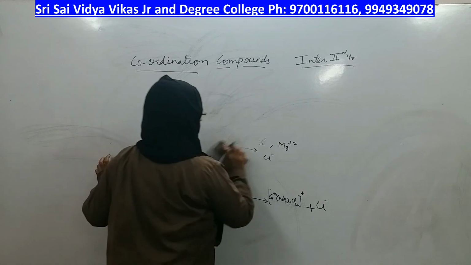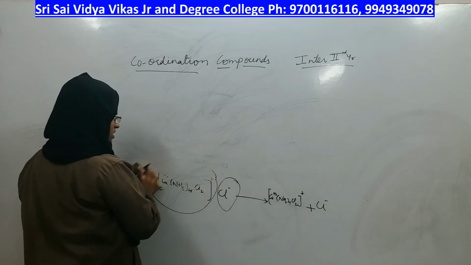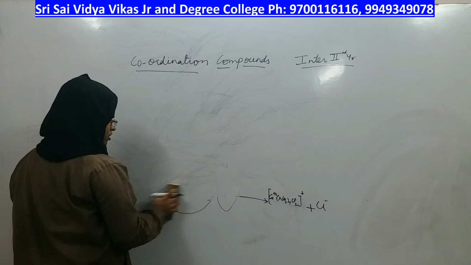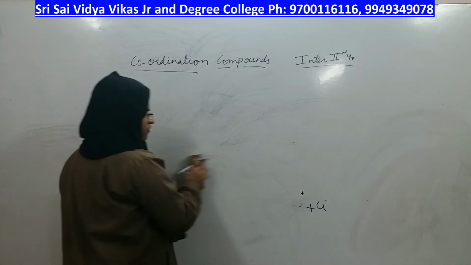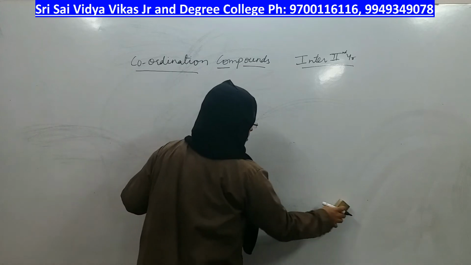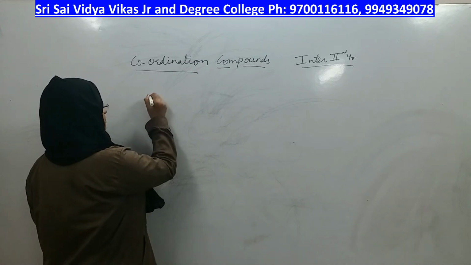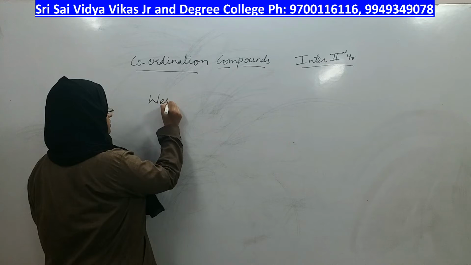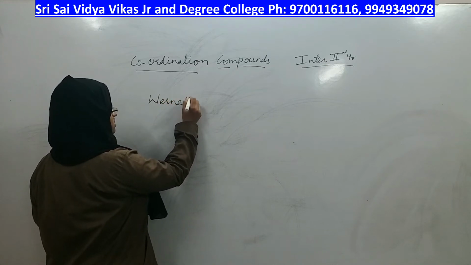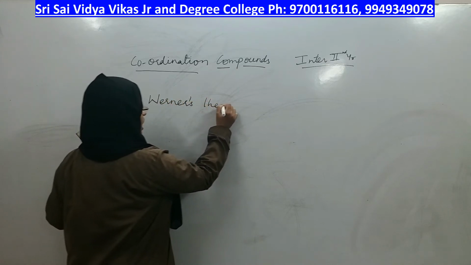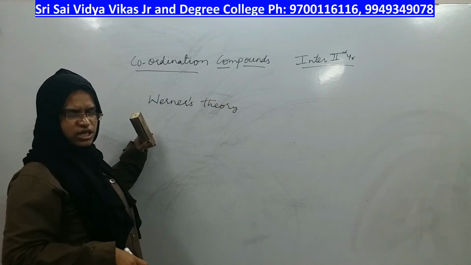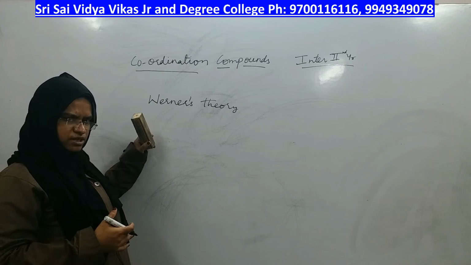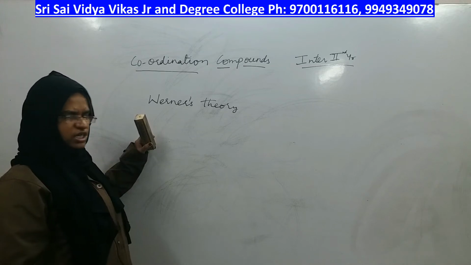But before going for that, I told you that once the coordination compound is formed, its identity changes completely. What type of change occurs was given to us by Werner's theory. Werner, in his theory, told how the nature of the compound before forming coordination was different from after forming coordination, right?